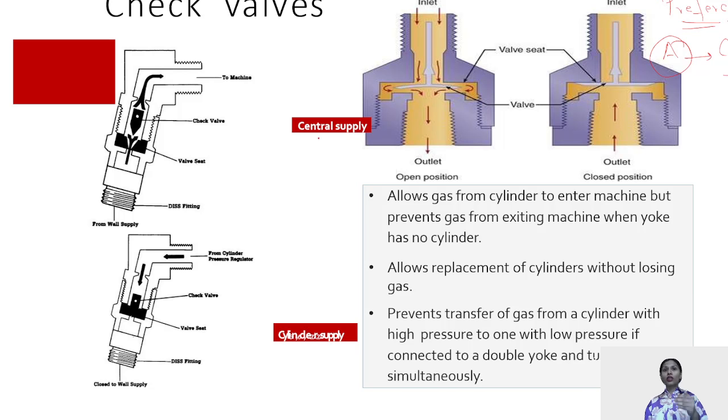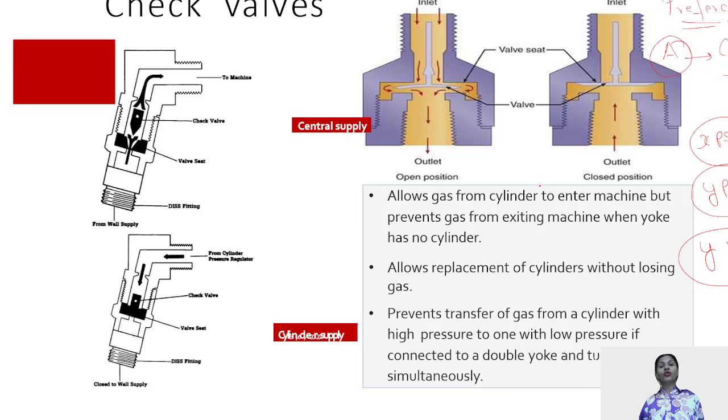Suppose the cylinder reduces the high pressure to a certain pressure, say X psi, but the pipeline delivery to the anesthesia machine is at Y psi, the Y of the pipeline is always more than your X because of the preference that first the anesthesia machine should deliver oxygen via your central supply of the oxygen, and the cylinders that are attached to the anesthesia machine are more of the reserve type.